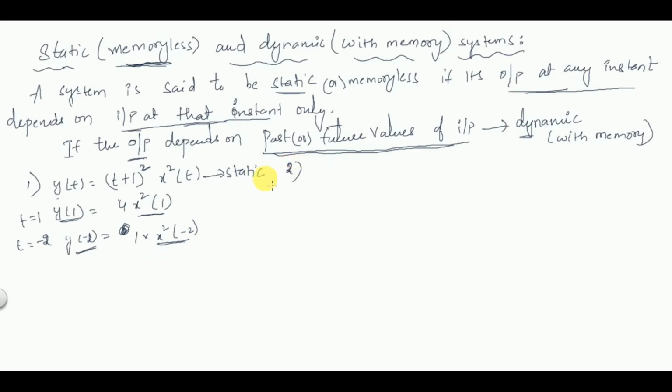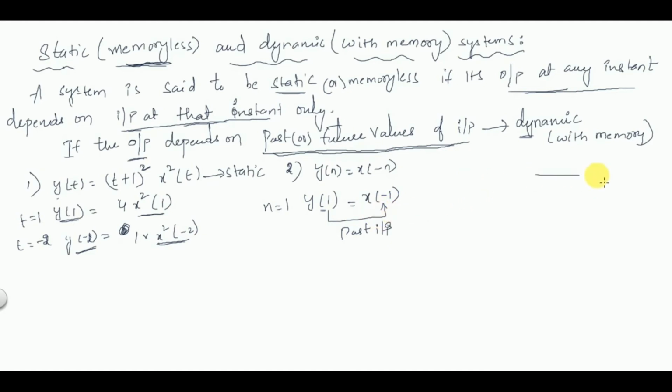Suppose we take a second example: y of n is equal to x of minus n. If you take y of 1, that is at instant n is equal to 1, instant means time, it is equal to x of minus 1. So with respect to 1, minus 1 is a past input, because minus 1 comes before 1.